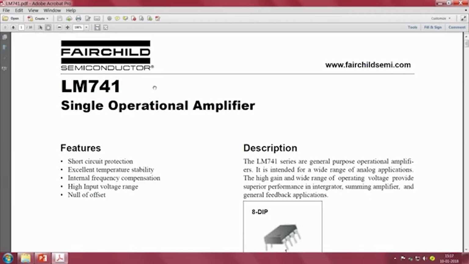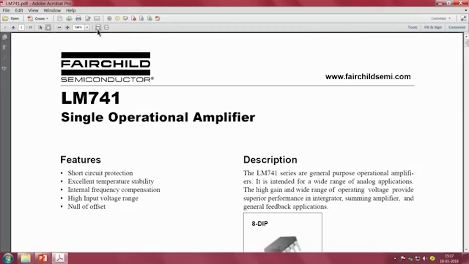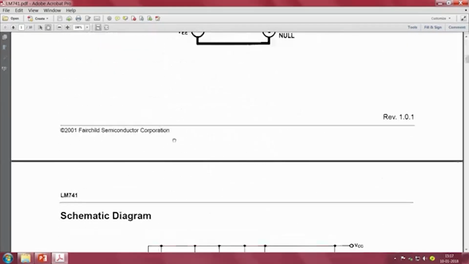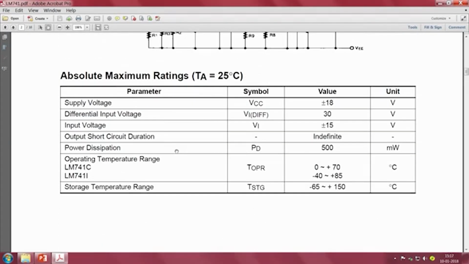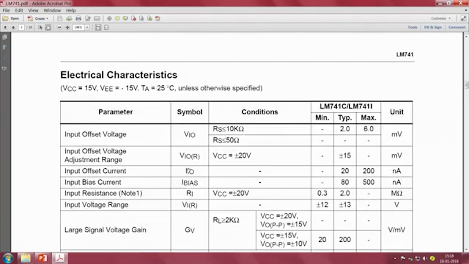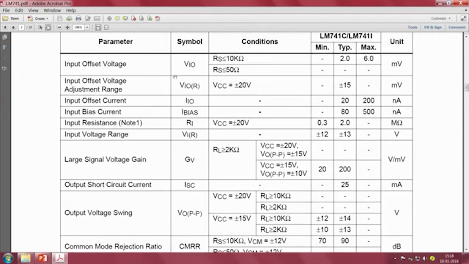Here what you see is, if you go to the characteristics: supply voltage we have seen, output short circuit duration we have seen, power dissipation, temperature range. Okay. Now, input offset voltage, we know how we can compensate its effect.